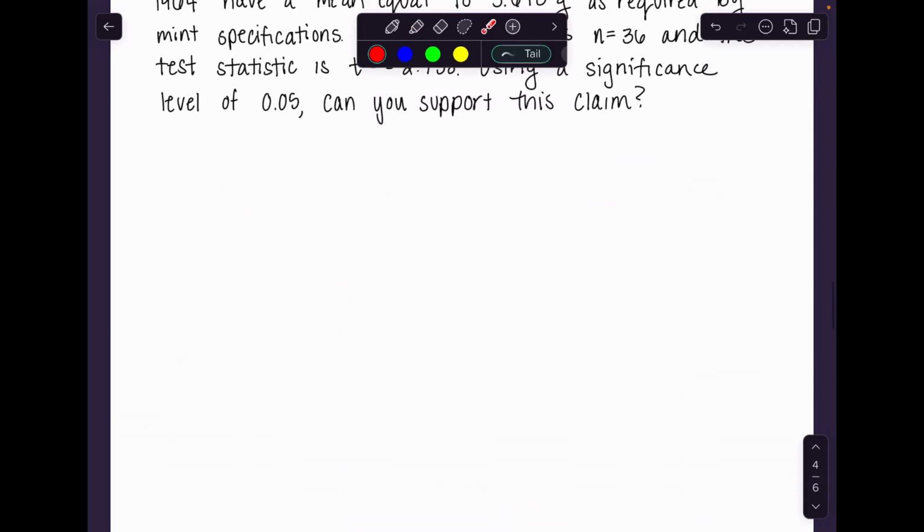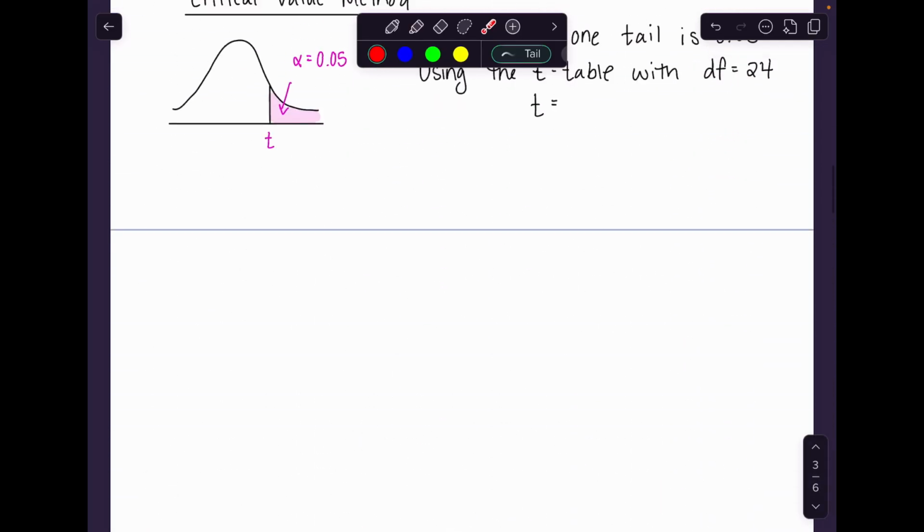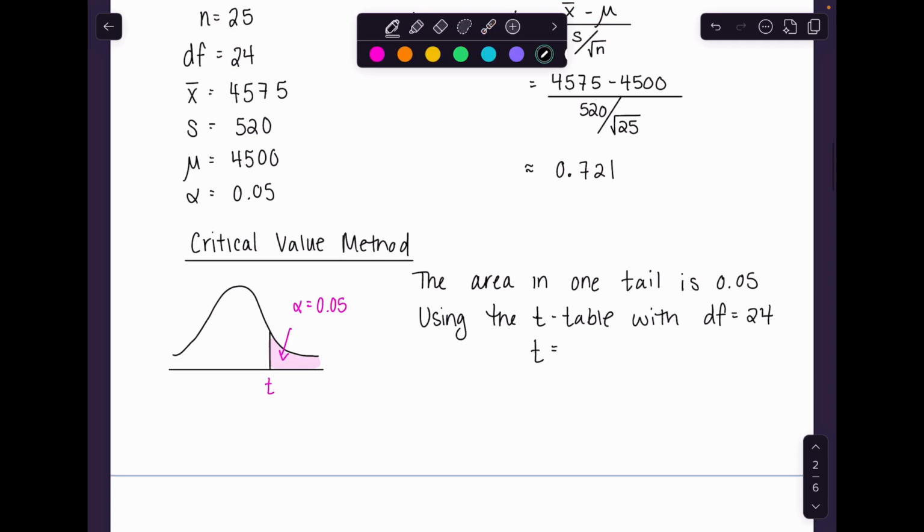So going back up here, wherever it may be, here we go, is 1.711. Okay. So this cutoff value is exactly that. So if my test statistic falls in here, that means it is significant. That tells me I'm going to reject the null hypothesis.